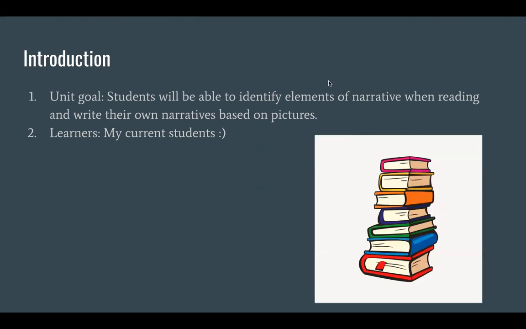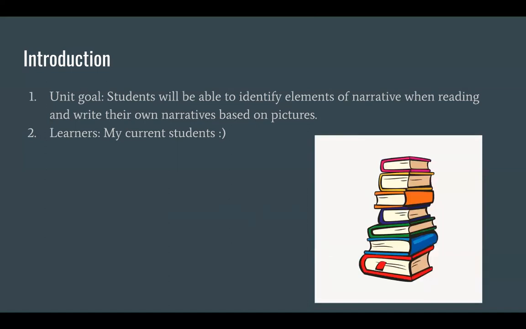To start, I have two main goals when designing all the activities and assessments in my unit. The first, I want them to be able to identify all the elements of narrative. I specifically focus on plot, setting, character, and conflict throughout my unit.